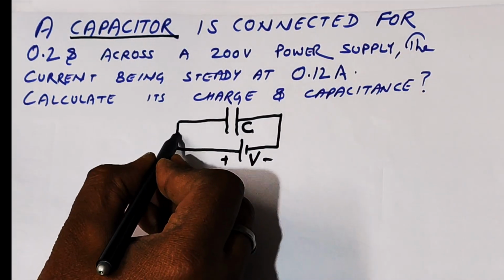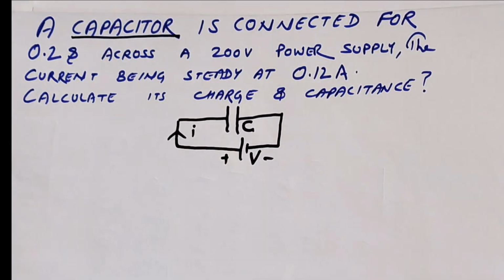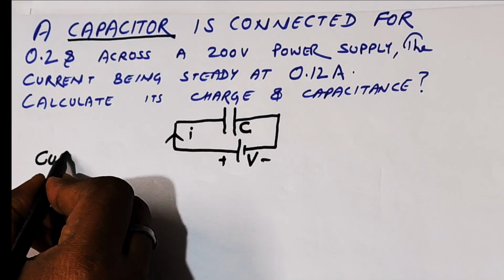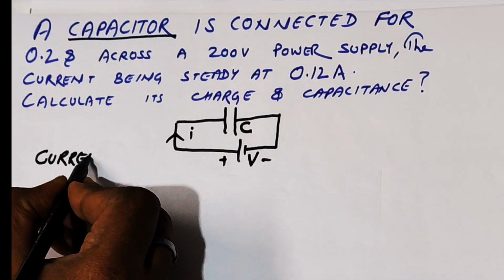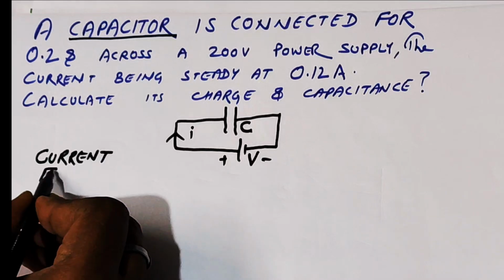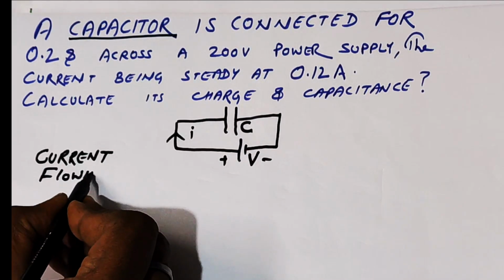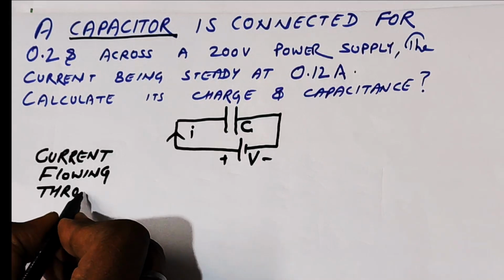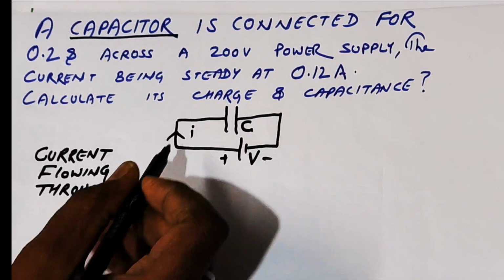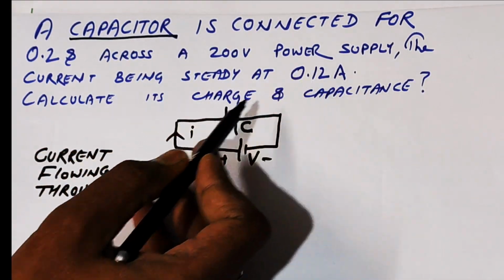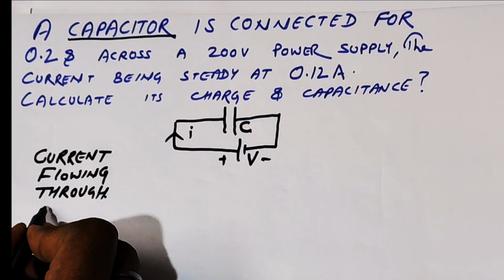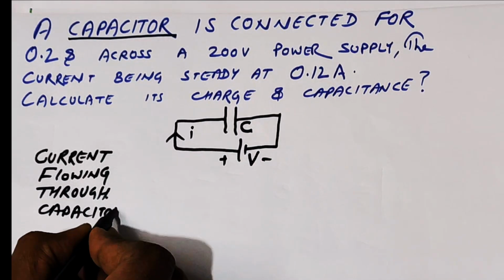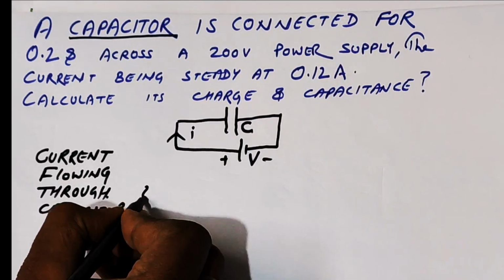Okay, if the connectivity is like this, the current will flow from the positive to negative direction, so the direction of the flow of current is upward, right? And you can read the question carefully. The current flowing through the capacitor C is steady, and the value of that current is 0.12 ampere.